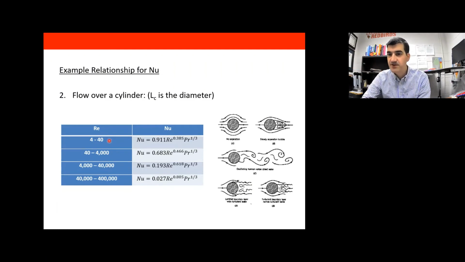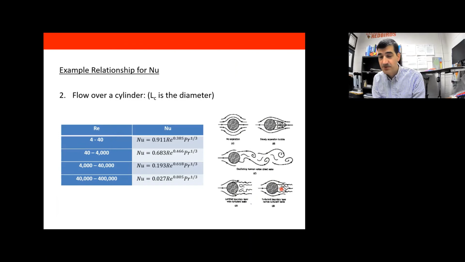And there are different flow regimes. These are all possible flow regimes for flow around a cylinder. So it just depends whether it looks like that or that or that or that or that, depending on the Reynolds number of the flow around the solid cylinder.